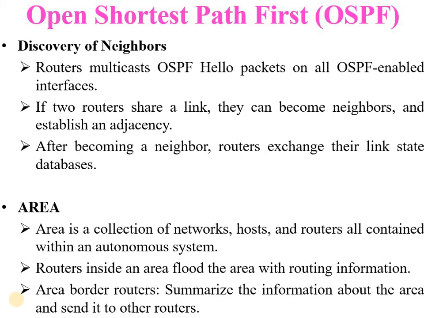Each and every router in the network sends hello packets over the network, and the routers connected to it receive that message, so they reply back to that packet. That is how each router finds its neighbors in the network. If two routers share a link, they can become neighbors and establish an adjacency. After becoming neighbors, routers exchange their link state databases.